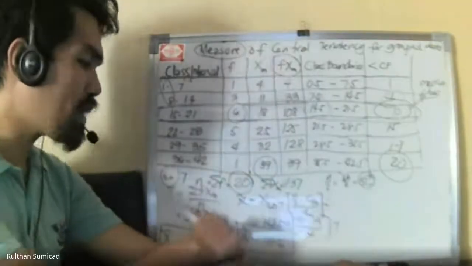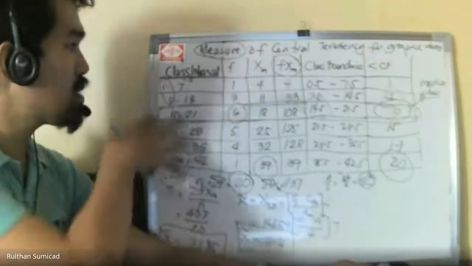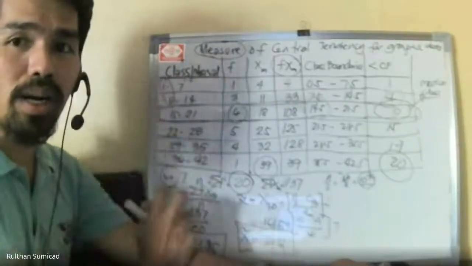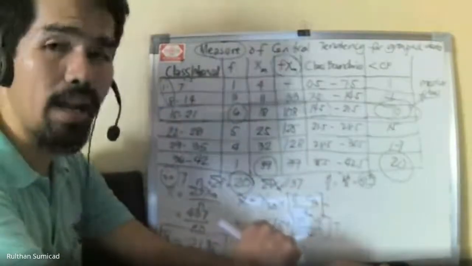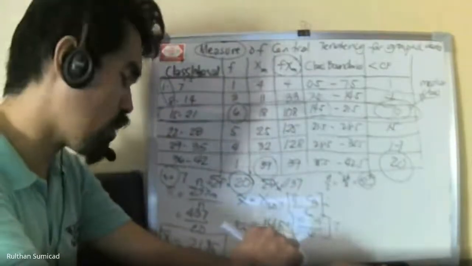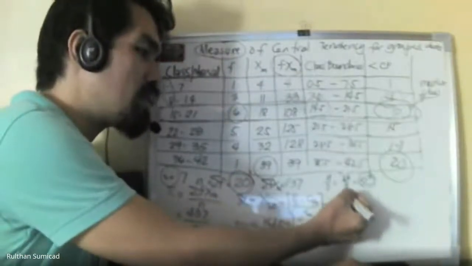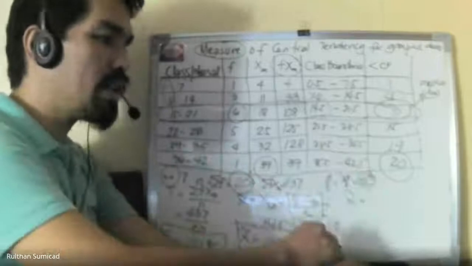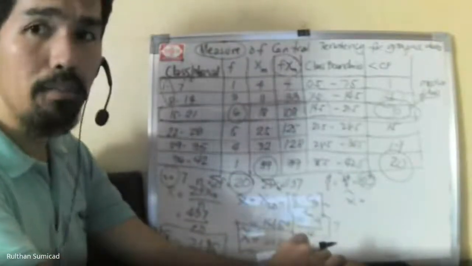So you notice, as expected, the values here are actually not exact. It's because our scores were grouped, so it's expected not to get an exact value at all. Anyway, let's move to the last measurement, which is x hat. X hat stands for mode.